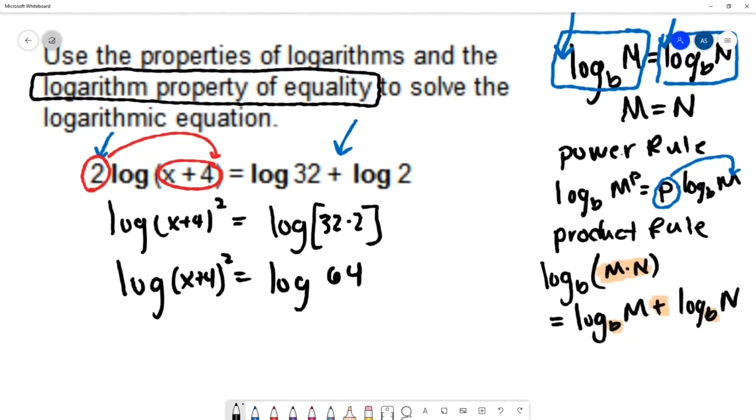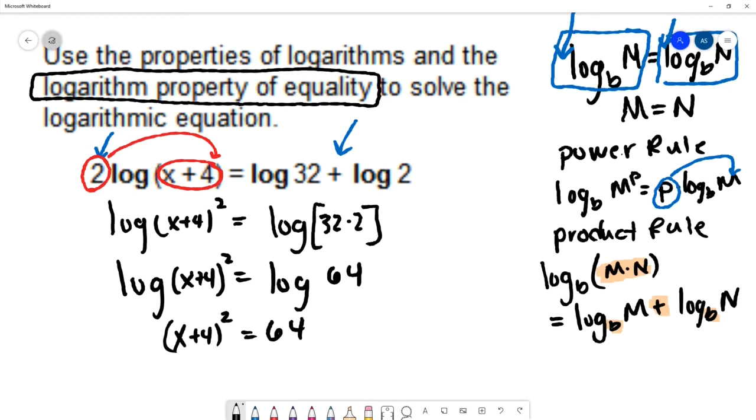So now we've got it to the state where we can use the logarithm property of equality. We have logs with the same base on both sides. What's inside those logs must be equal to each other. So x plus 4 squared is equal to 64.